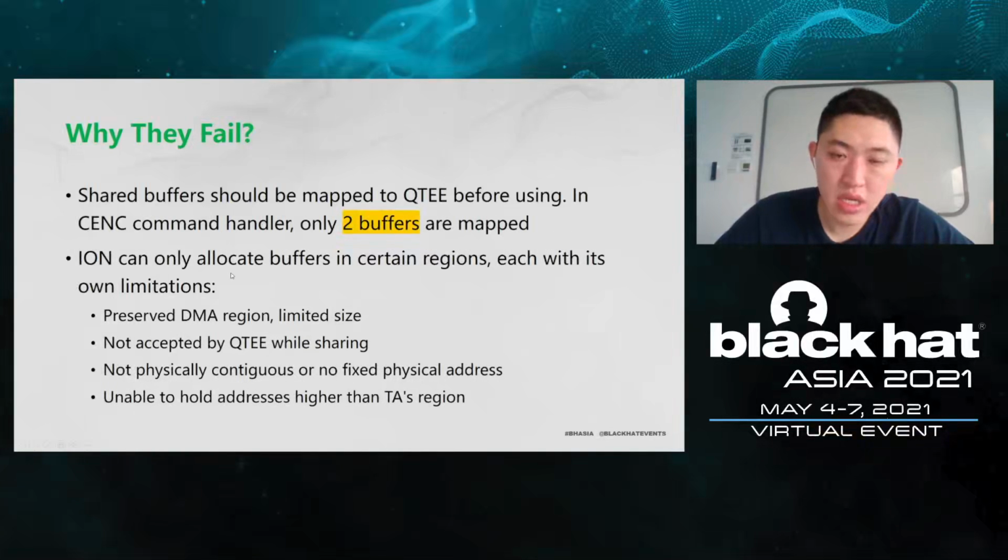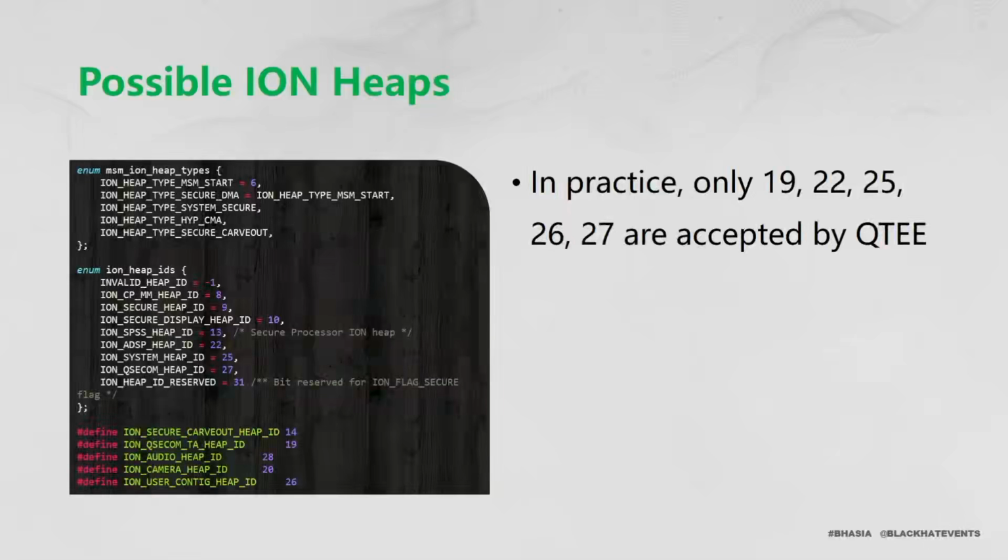Also, even if we have a way to get the physical address of an ion shared buffer, it doesn't mean that we can allocate an ion buffer with any physical address. Actually, the ion buffer has many limitations, and the buffers are carved out from the ion heaps.